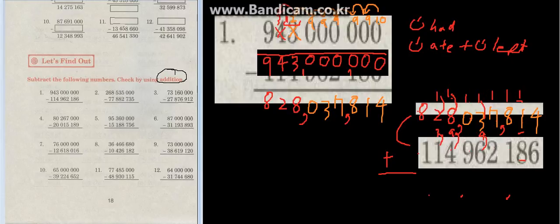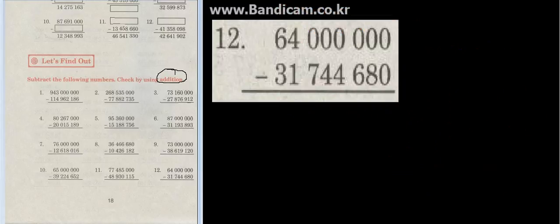So now let's go to problem number 12. 0 minus 0, well this is easy, just 0. And 0 minus 8 is impossible, so we should borrow from a number that is ahead, but it has no numbers. So we do that again, no numbers, again, no numbers, again, then 0 again, and we do that again, and there's finally a number that we can borrow.